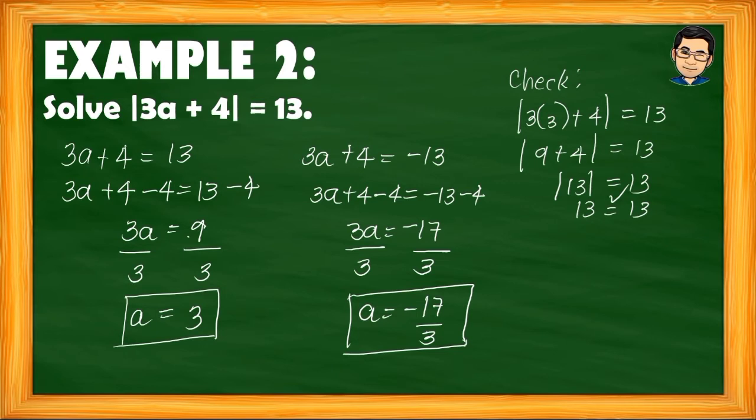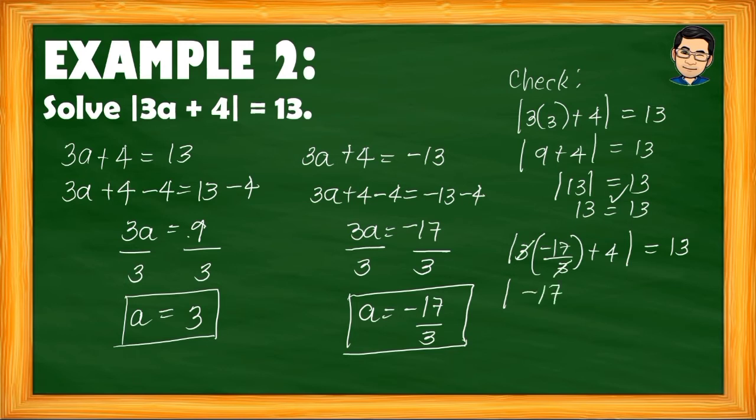So, let's check for negative 17 over 3. The absolute value of 3 times negative 17 over 3 plus 4 is equal to 13. So, the 3 and the denominator of negative 17 over 3 can be canceled out.